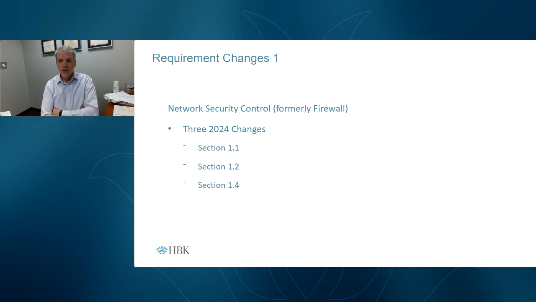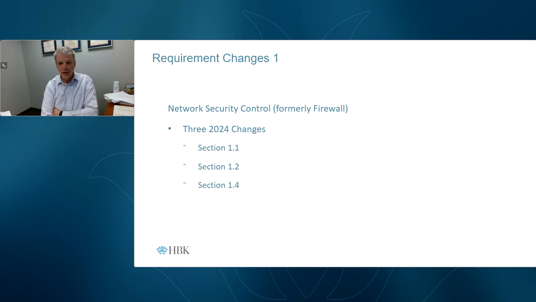So requirement 1, which is network security control, formerly a firewall. You've got 3 changes that go into effect immediately, but you've got your 1.1, a lot of terminology changes between untrusted and trusted. Again, your internal network versus the internet.